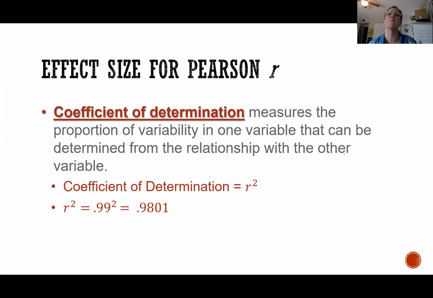And so it is literally R squared, and that is R obtained squared. So we take our 0.99 and we square it, and it ends up being 0.9801, meaning that 98% of the variability in GPA can be accounted for by the number of hours students studied. That's 98% of it. So that's very high, very high.